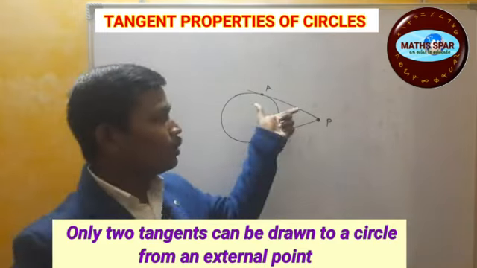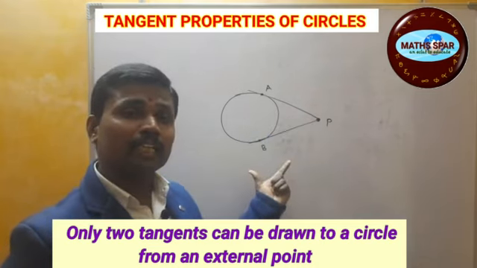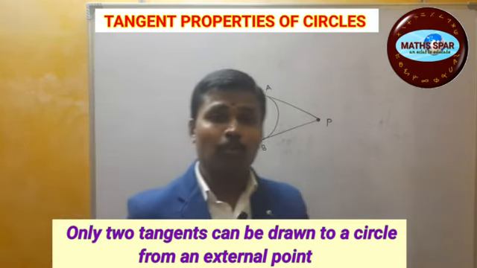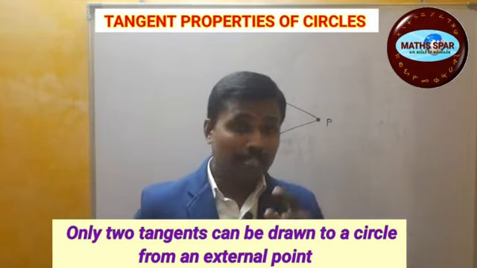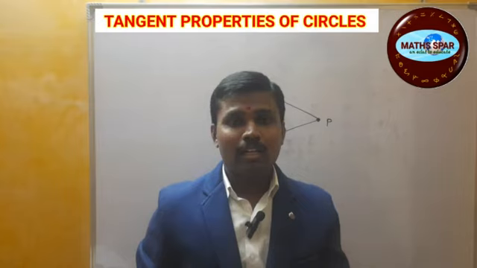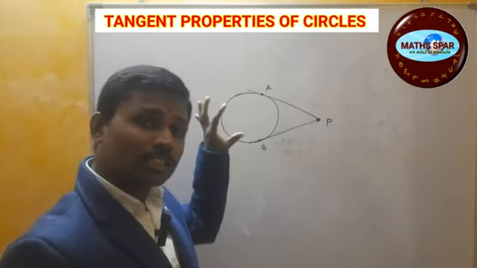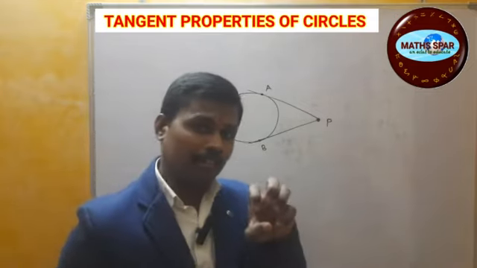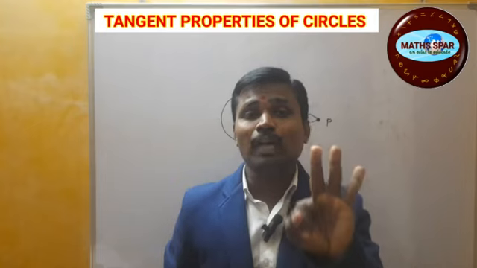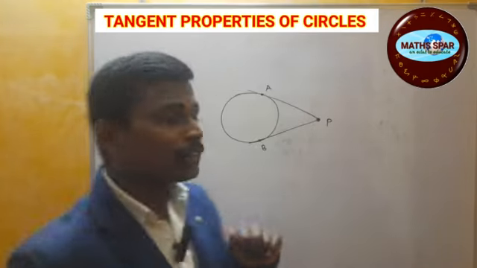Knowing this, if two tangents are drawn to a circle, then three things will happen. What are those three things?